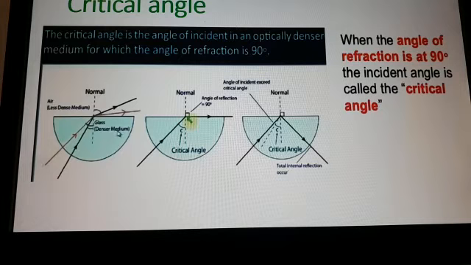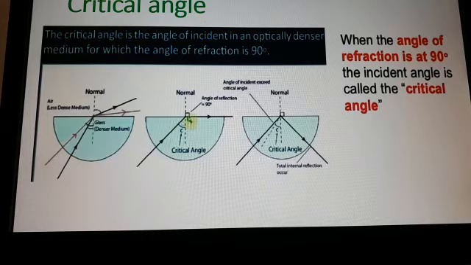In the picture you can understand that the critical angle is the angle of incidence in an optically denser medium for which the angle of refraction is 90 degrees. Here it is the glass, and this is the less dense medium, air, and here the normal.